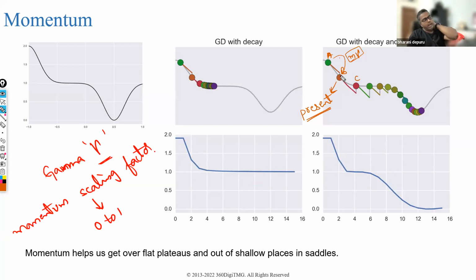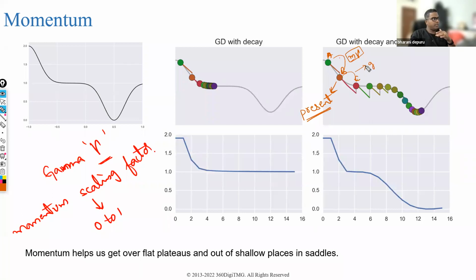Now, at point B, if you go with your regular gradient descent algorithm, you might be at C. Here also, let me call this gradient G, the change.